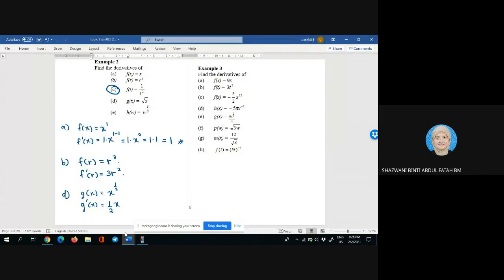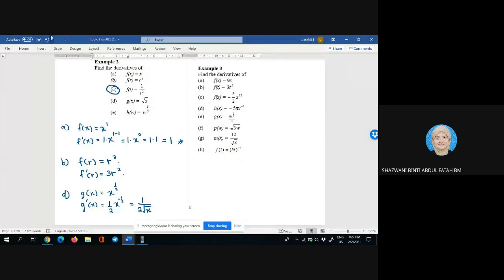So 1/2 minus 1, you will get berapa? 1/2 minus 1. Negative 1/2. So therefore, this one becomes 1/, tengok 2 ni dekat bawah kan? So maintain 2 dekat bawah, x pun bawa turun bawah. So this is the answer. Okay, so 1/2 root x.